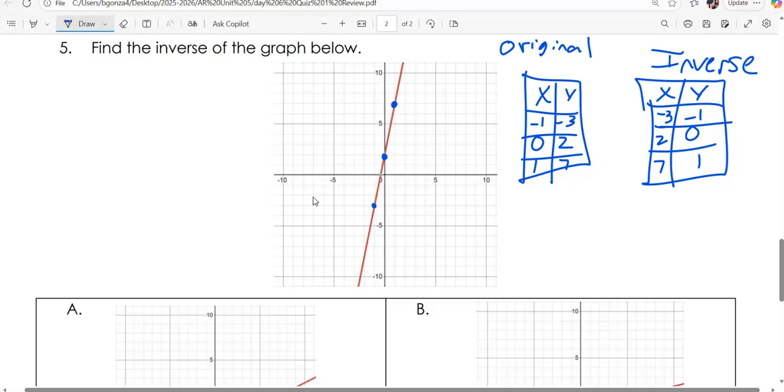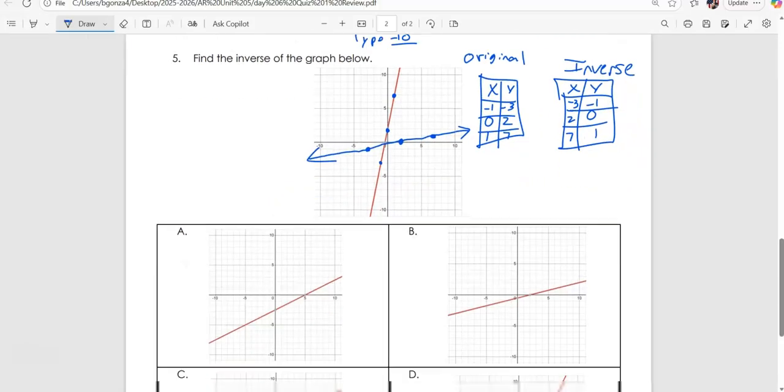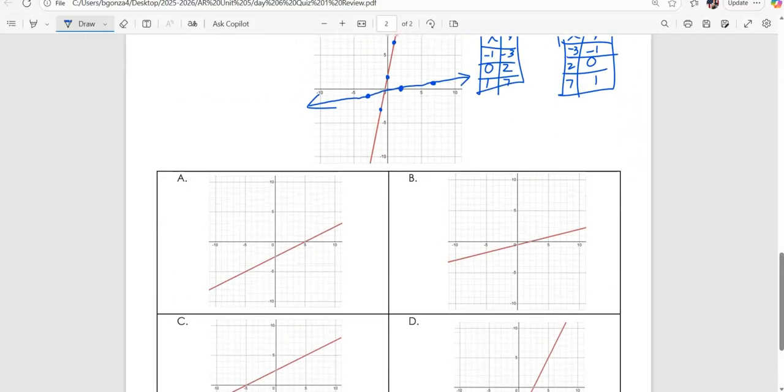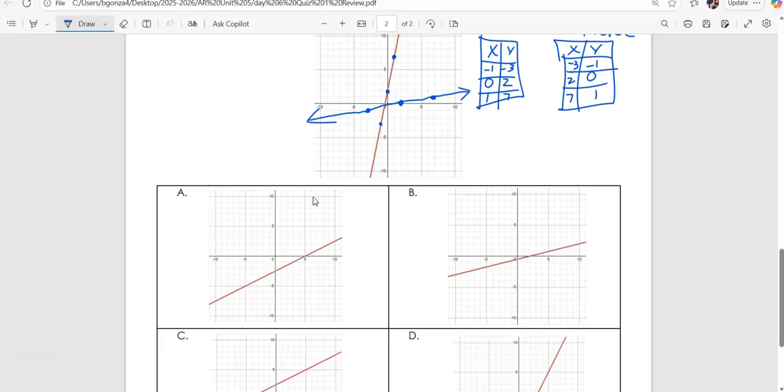So what would that look like? Negative 3, negative 1, 2, 0, 7, 1. It's going to look like this. Okay, so which one looks the most like that so far? So let's pick the x-intercept, 2, 0. Which one has 2, 0? Not this one. Yes, this one.